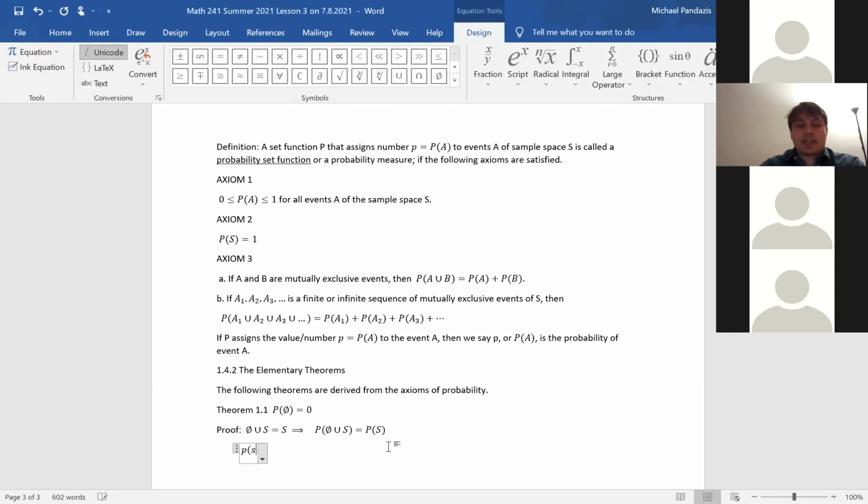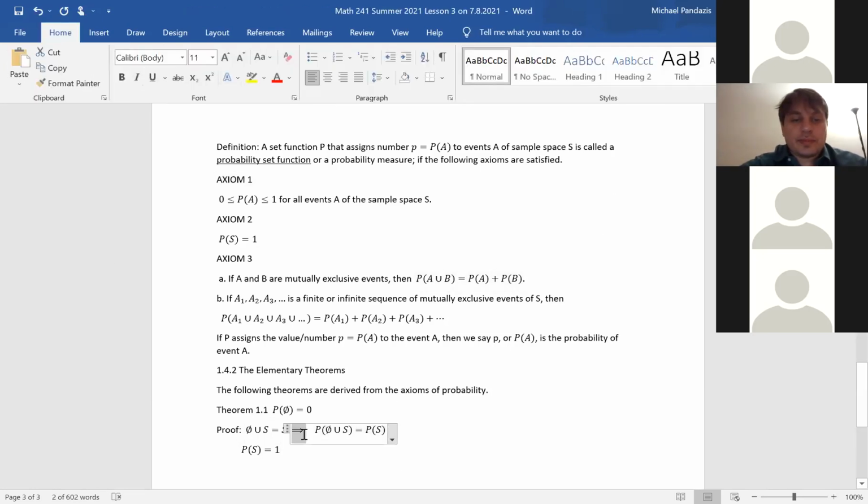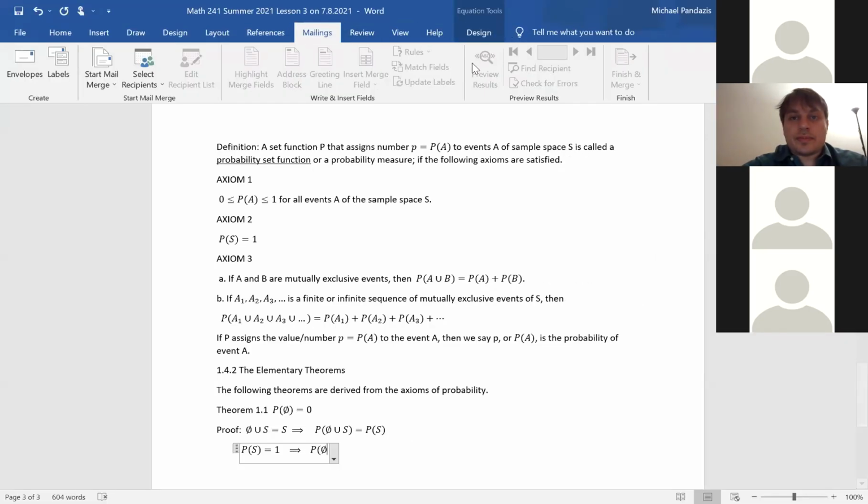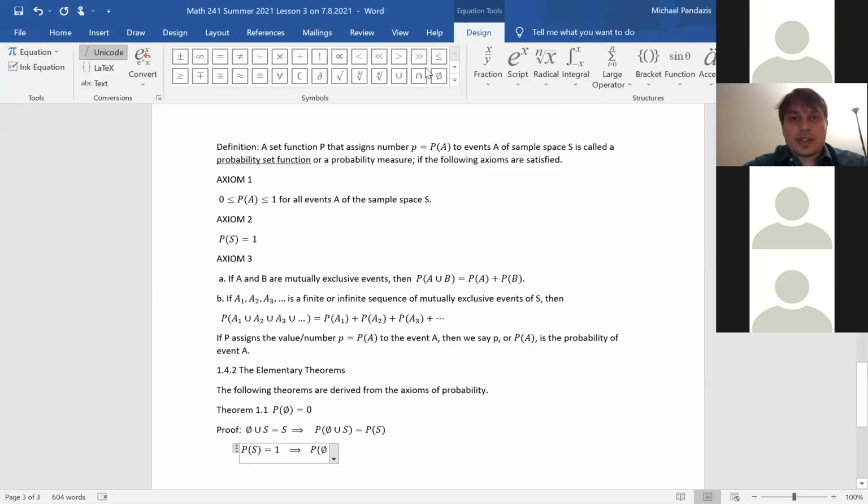So P of S equals 1. That implies that P of the empty set union S is equal to P of the empty set plus P of S, and that's equal to P of the empty set plus 1.